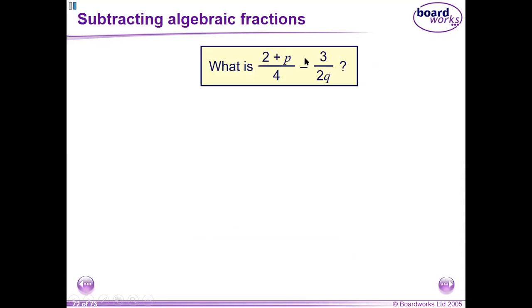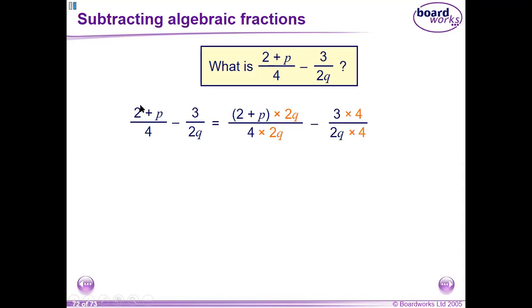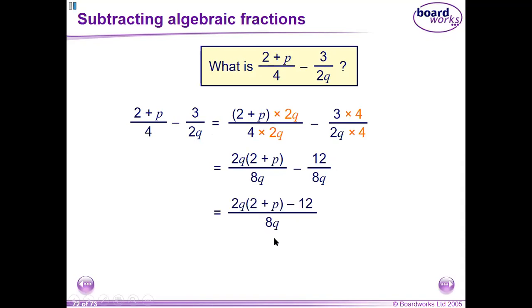So if we had this question, 2 plus p over 4 minus 3 over 2q. Again, remember we're cross multiplying, and then multiply these two. So this side first, 2 plus p times 2q, with 2 plus p in brackets, over 8q, minus 3 times 4 is 12, 2q times 4 is 8q, and then if you can simplify, simplify.